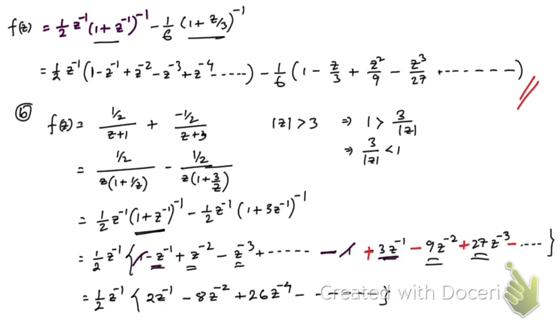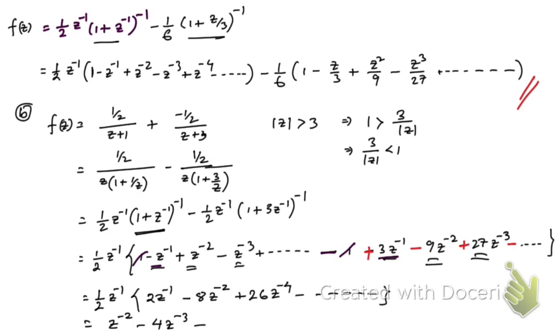Now let us multiply this one with all the terms. Then what we're going to have: here the 2 is going to be cancelled, then z to the power minus 1 into z to the power minus 1 is z to the power minus 2. Then again 2 cancels 8, gives 4. So we're going to have minus 4 z to the power minus 3.